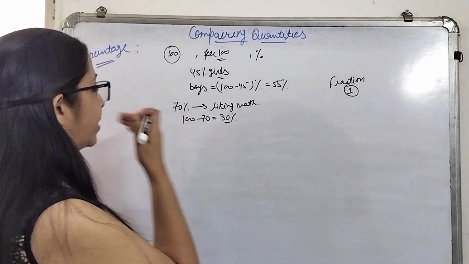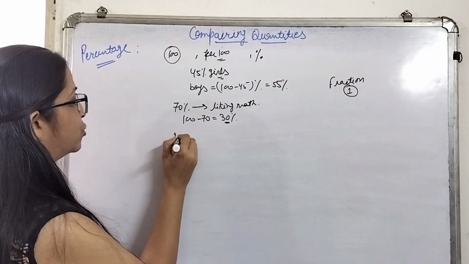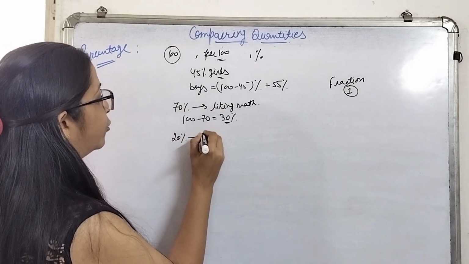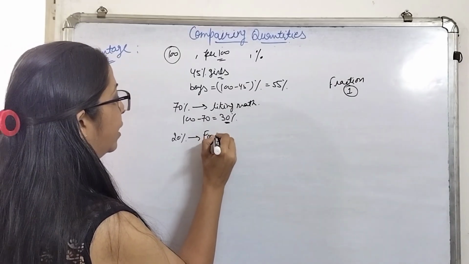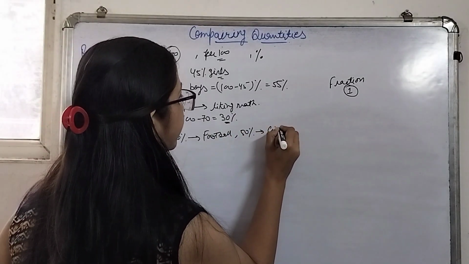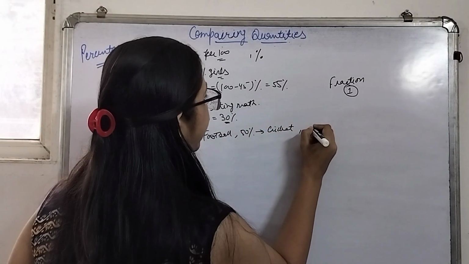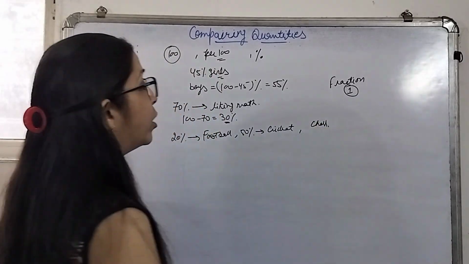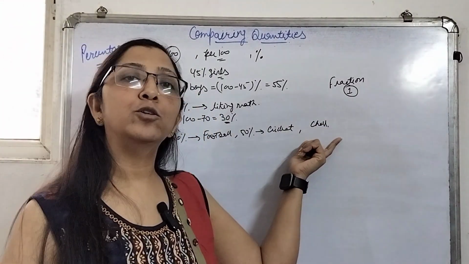Similarly, if I say that there are 20% students who like to play football, 50% students who like to play cricket, and the remaining students like to play chess. So how many percent of students like to play chess?